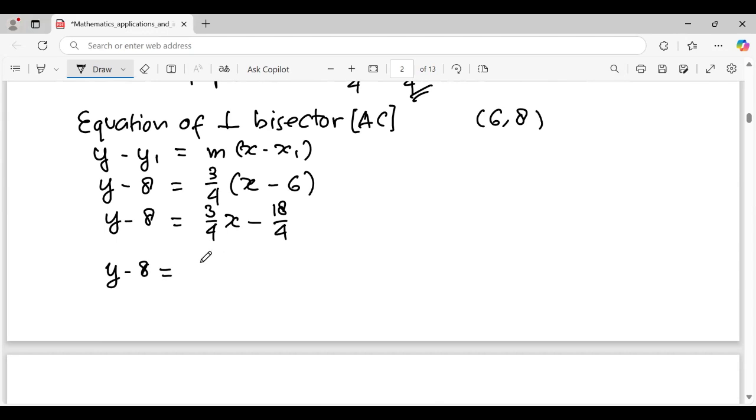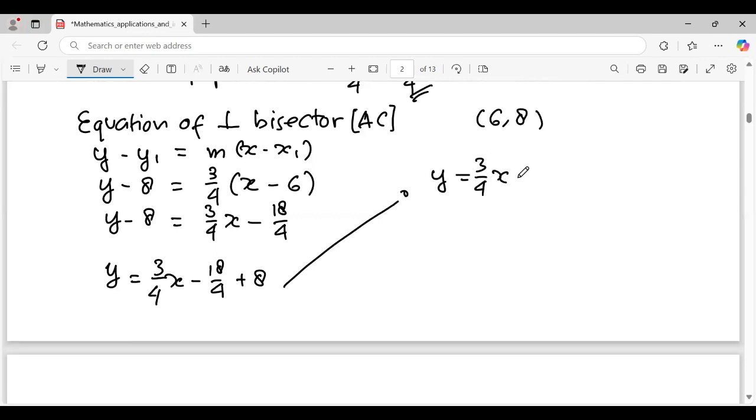I'm going to move the 8 across: y equals 3/4 x minus 18/4 plus 8, which becomes y equals 3/4 x minus 18/4 plus 32/4, so 3/4 x plus 14/4.